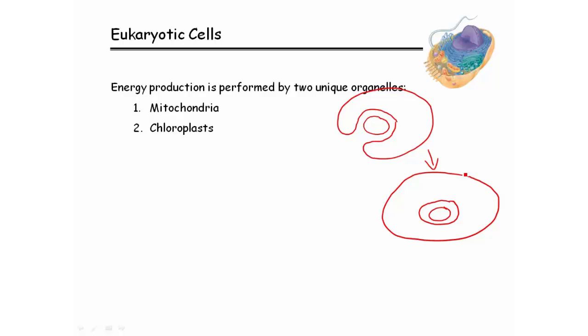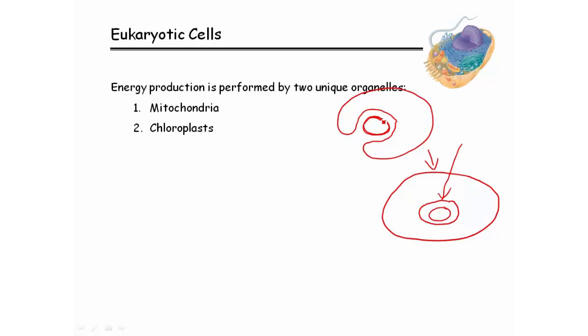If this happened, notice that when you have the engulfing take place, you end up with a couple membranes there. So we have the membrane of what was the original cell right here. And then you also have this membrane that came from the larger cell that surrounds it now in somewhat of a vacuole. And we're also going to see that we've got some various independent components inside these organelles.